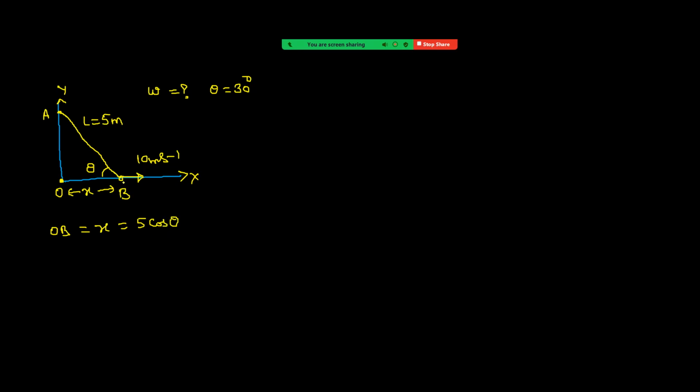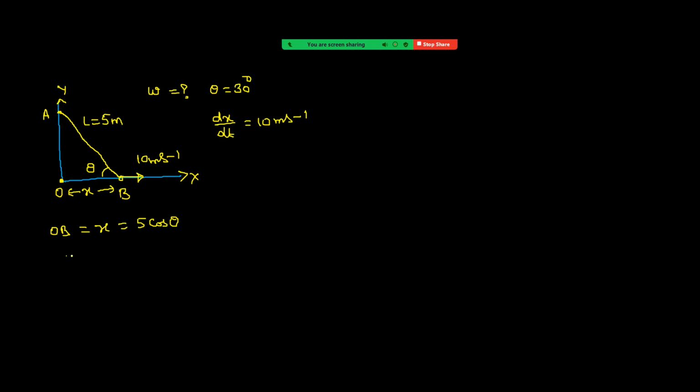And we are given its velocity. That means dx by dt is given as 10 meters per second, right? And we want to calculate omega, which is d theta by dt. So to get d theta by dt, we have to differentiate this.